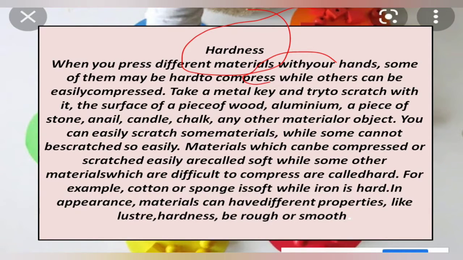Just as I told you, take a metal key. Now I have taken a metal key, or if you don't have a metal key, try to bring some metal material and try to compress it, try to push it with both your hands. It wouldn't compress, because it is hard. Now when I take a teddy bear, I can easily compress it, and it is not difficult to compress a teddy bear because it's soft.